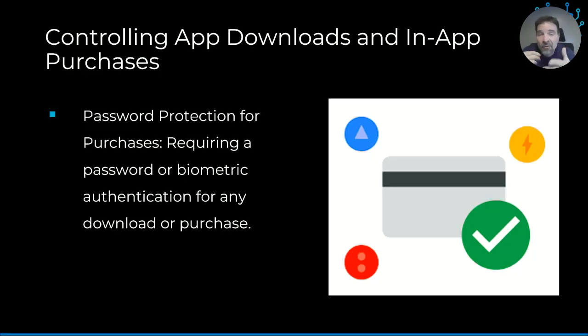Then you can configure it so that it requires their authentication to do a purchase or a download, right? So this is an evolution. You always want to start with everything restricted, and then as they mature and they show they understand the importance of being careful with these things, then you can take the next step and lower the restriction a little bit.